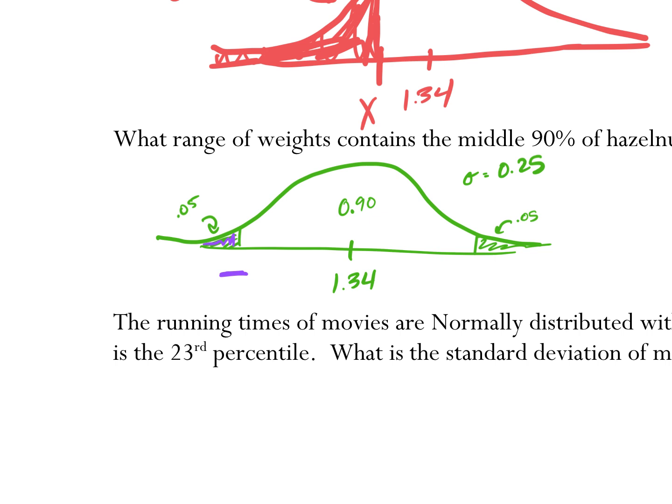We're going to do the inverse norm of 5%. And let's see, give or take 0.932.